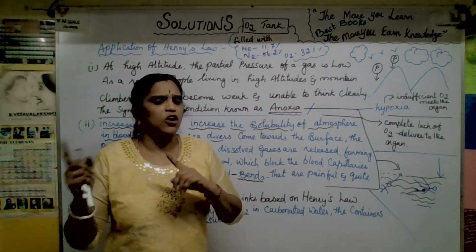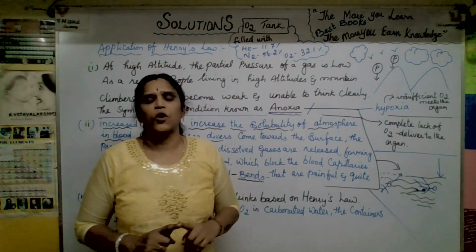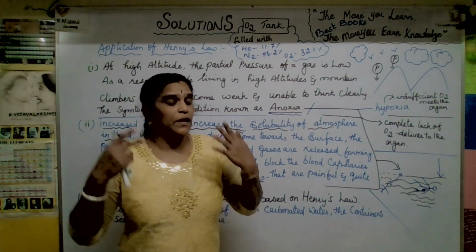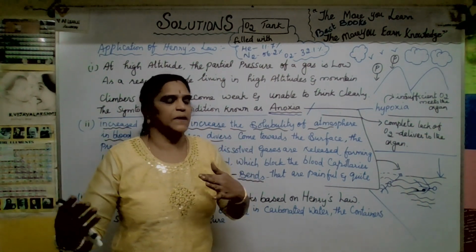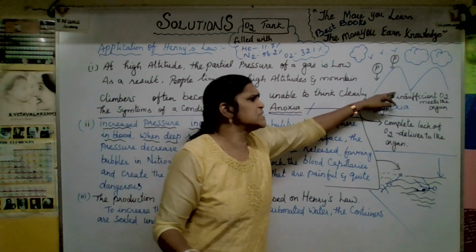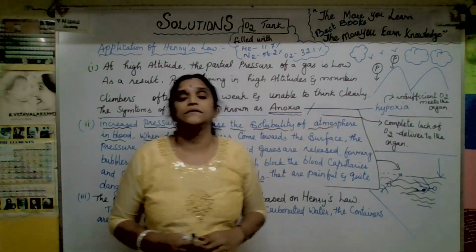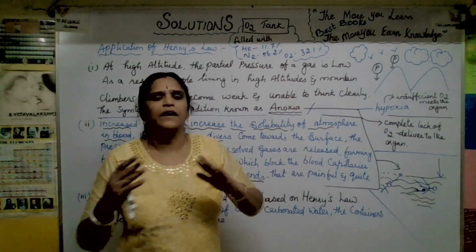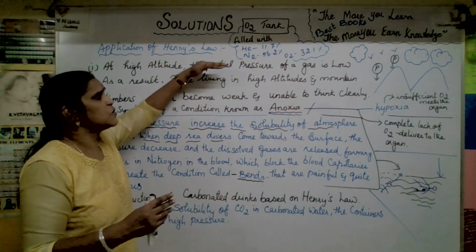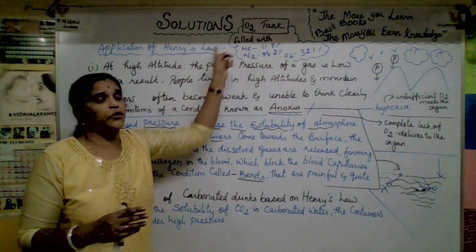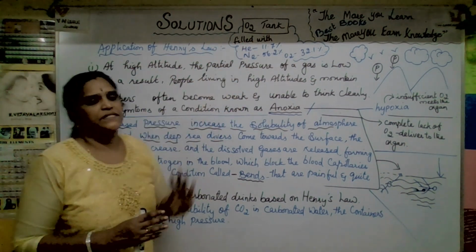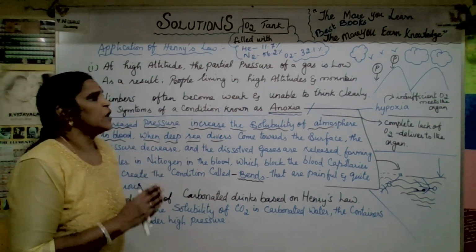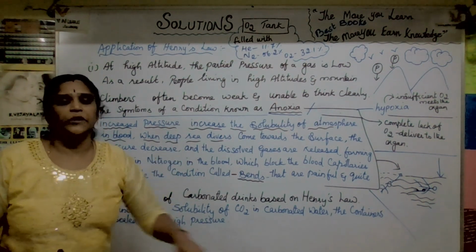So oxygen is not reaching that organ, they cannot think properly, and they become unconscious. Hypoxia means insufficient oxygen reaching the organ. Anoxia and hypoxia are problems generally faced by those going to high altitude, like mountain climbers.